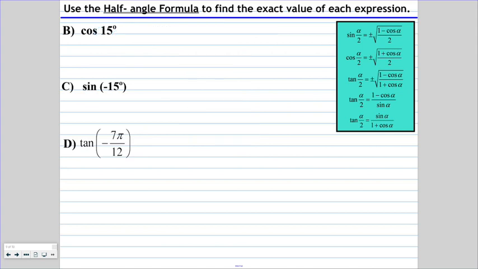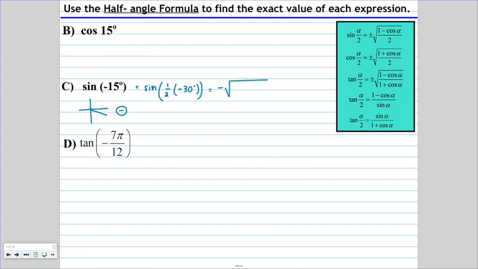All right, how about the sine of negative 15 degrees? Well, let's think about where negative 15 degrees is. Okay, down here in the fourth quadrant, which means our final answer is going to be negative. Sine is negative down there in the fourth quadrant. Okay, I can express this as the sine of half the angle, negative 30 degrees. And then we can use the expansion here.